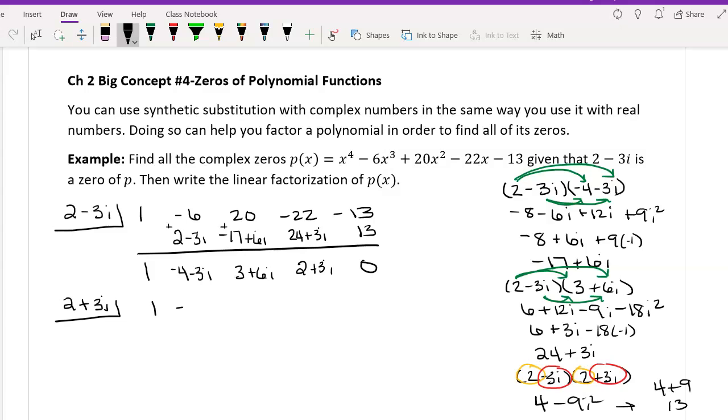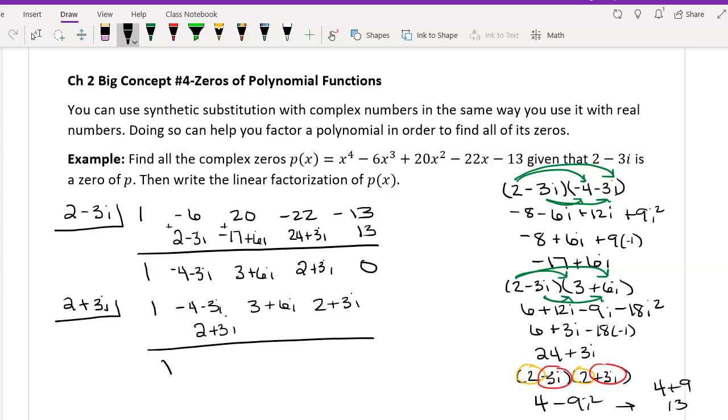So I'm going to bring down my new coefficients, and I'm going to do synthetic substitution all over again. All right, the 1 comes down. 2 plus 3i times 1 is 2 plus 3i.